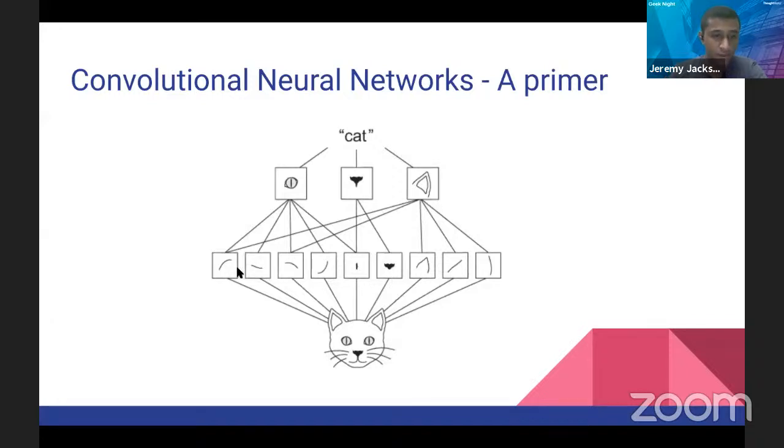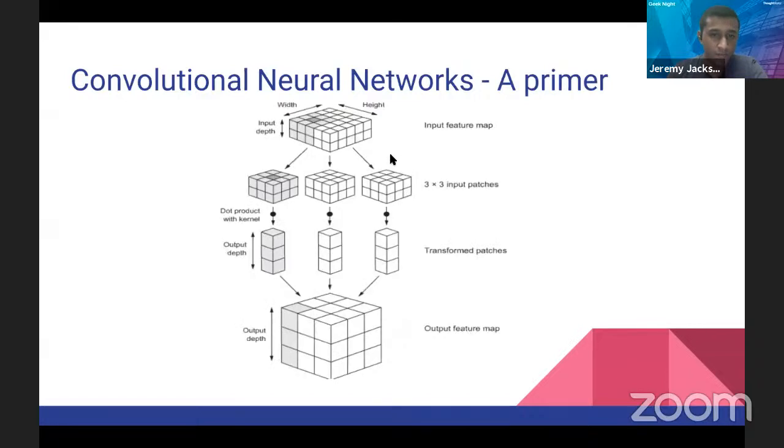One of the convolution matrices will be able to recognize certain parts of this image of a cat, and it will be able to combine these extracted features like edges and its nose and so on into more complex features, and then infer that it is in fact a cat.